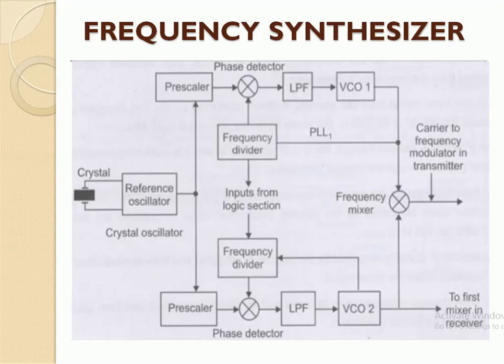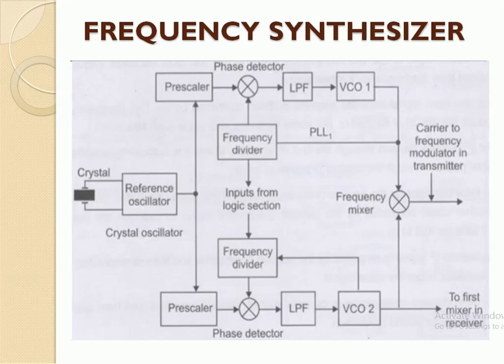Start with the crystal reference oscillator, pre-scaler, phase detector, low pass filter, VCO (voltage control oscillator), frequency divider, and the mixer. There are two outputs. One is the carrier to the frequency modulator in the transmitter, and the second output is to the first mixer in the receiver.